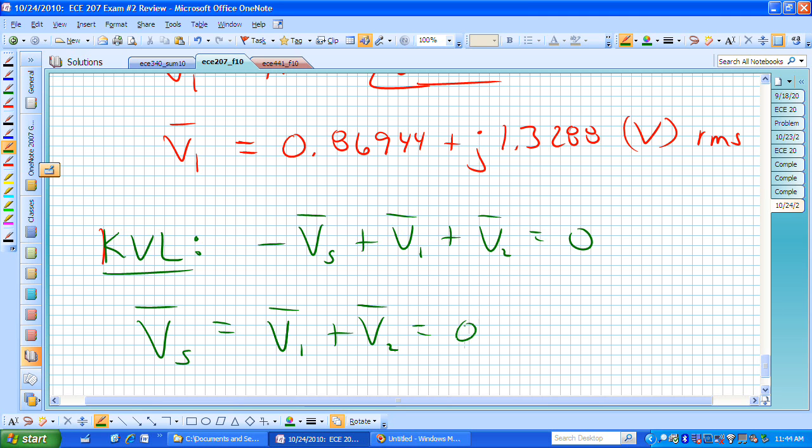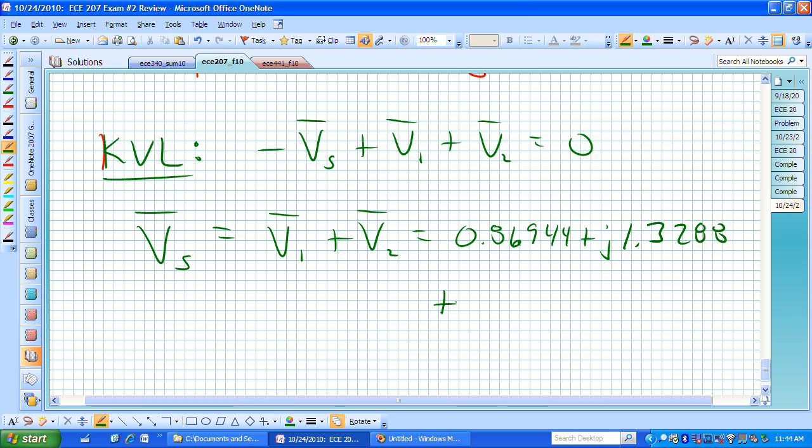V1 we just computed to be this value of 0.86944 plus J 1.3288. We need to add to that V sub 2, but V sub 2 was just 5 at 0 degrees, so it's now 5 plus J 0.